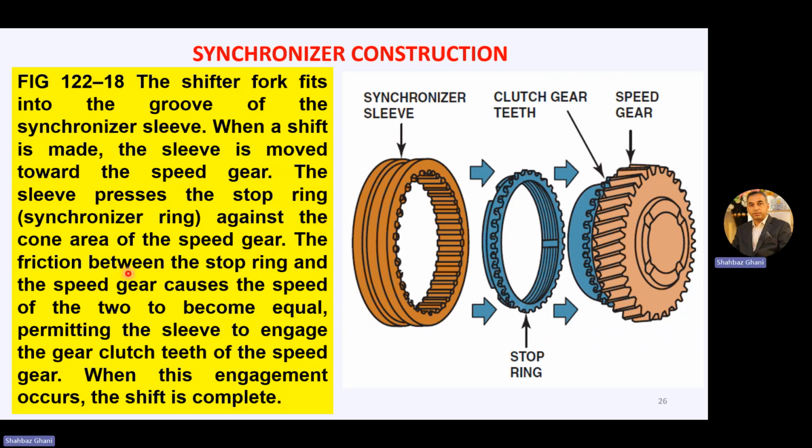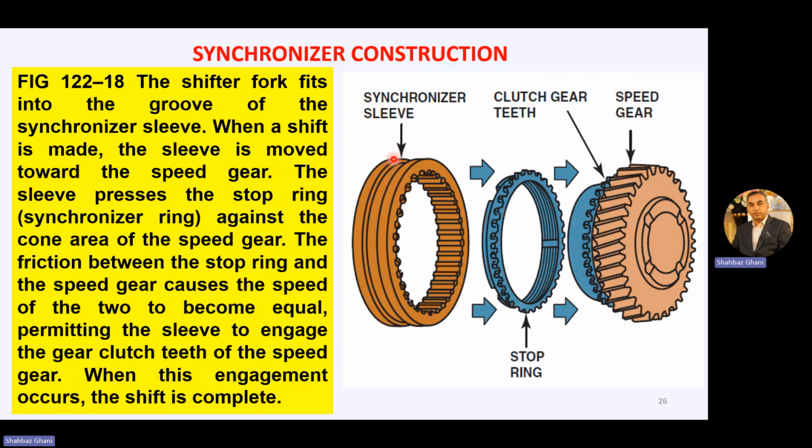The friction between the stop ring and the speed gear causes the speed of the two to become equal, permitting the sleeve to engage the clutch teeth of the speed gear. When this engagement occurs, the shift is completed.